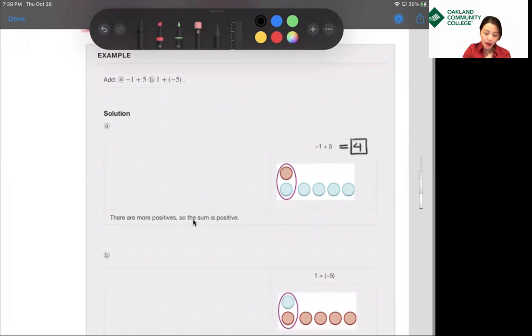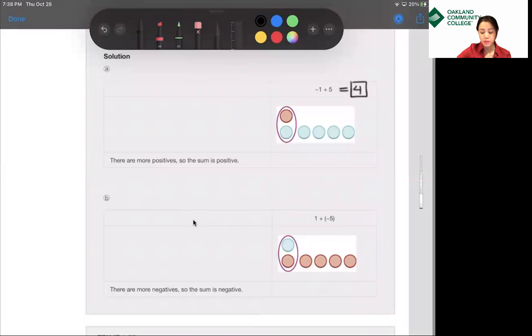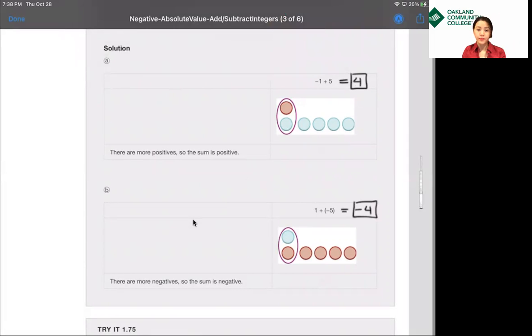Example B, I'm going to add 1 plus -5. So 1 is positive, so it's represented in blue, and -5 is negative, represented in red. Remove the neutral pair. I have 4 red balls left, which is 4 negatives. So that means the sum of 1 and -5 is equal to -4. There are more negatives, so the sum is negative.